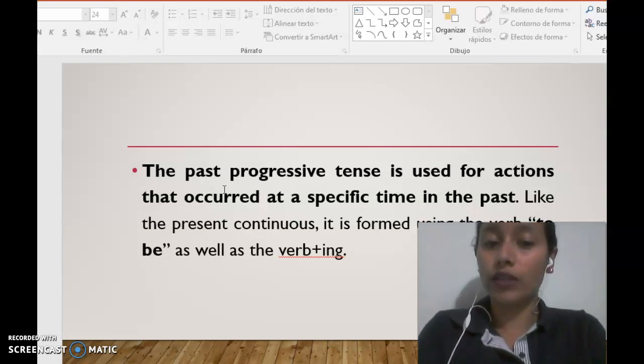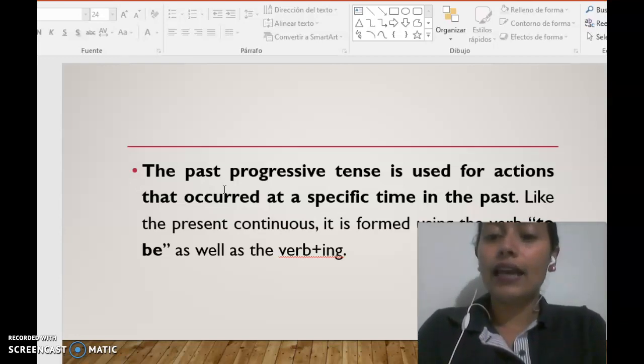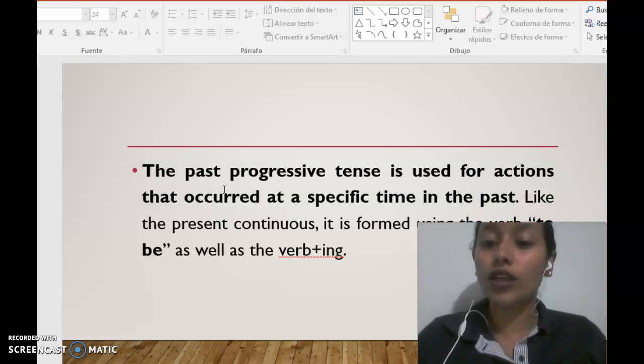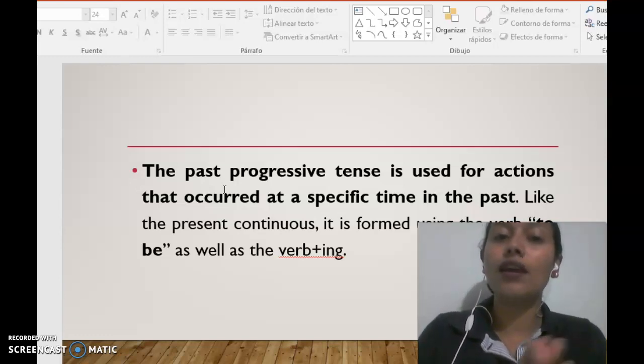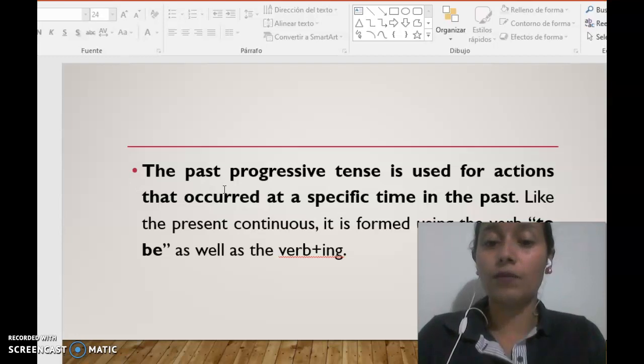We talk about actions that happened at a specific time, and like the present continuous, in the past continuous we use the verb to be, but the verb to be has to be in the past form. And obviously, we have to use the ing at the end of the verbs.